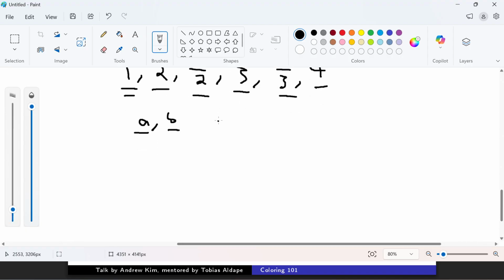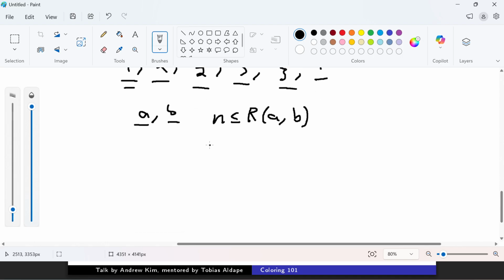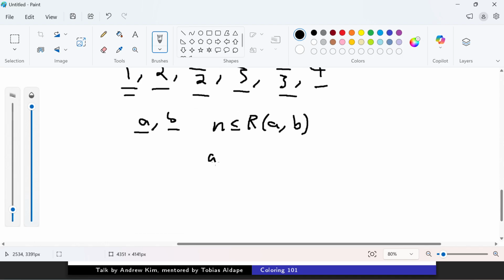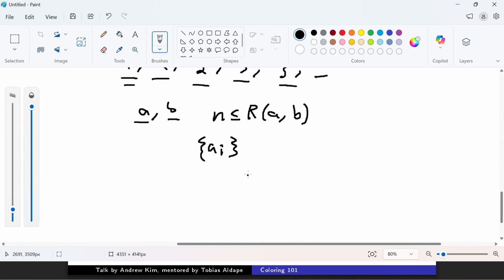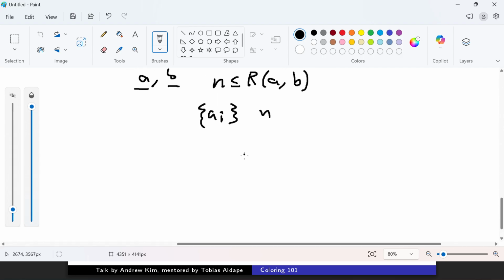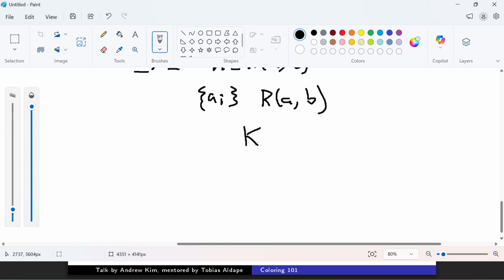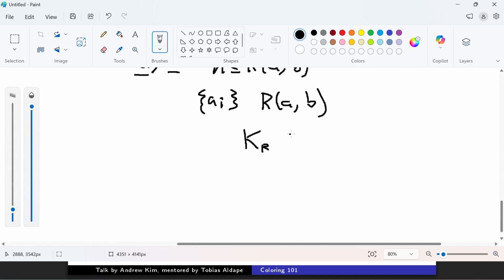The immediate bound, the one that might come to mind first, is that n is less than or equal to R of A, B. The reason this is true is because let's say we have a sequence a_i of distinct real numbers, and we have R of A, B of these. We construct a complete graph and color the edges like so.